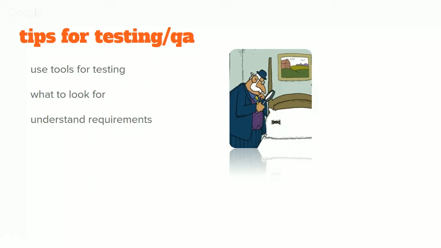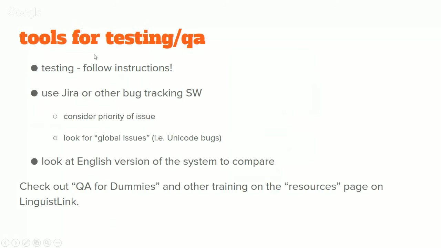So don't rely on your brain alone. Use things to help you out. For example, if you're doing a testing job, again, the definition of testing was to meet the requirements, right? So you're going to be given a test plan, test instructions, and basically you just need to go step by step and perform the requirements.